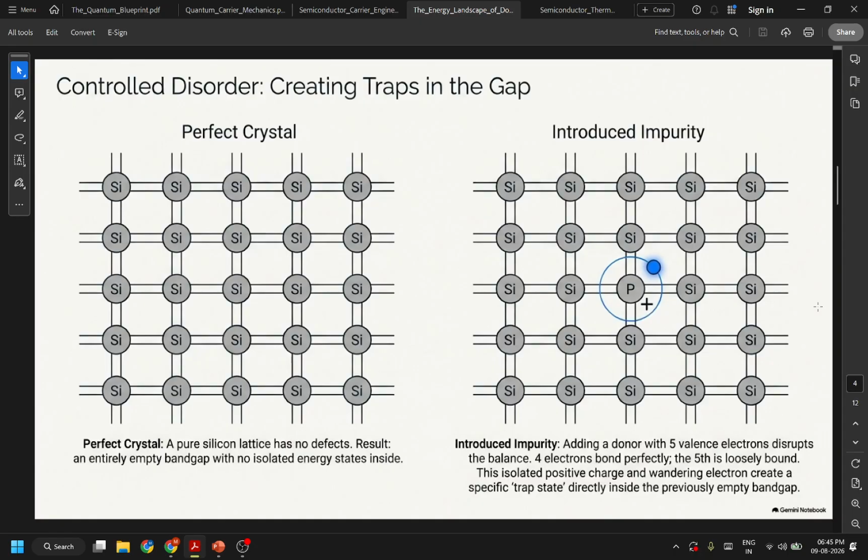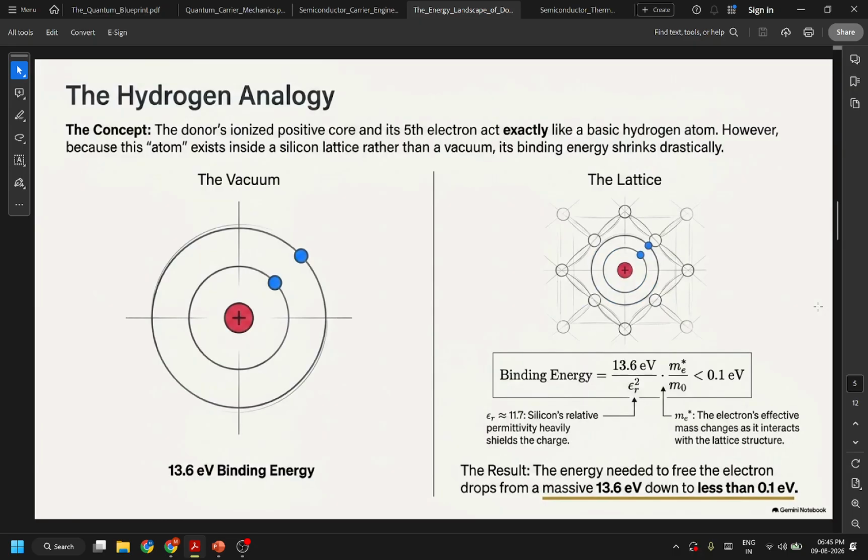In a perfect crystal, a pure silicon lattice has no defects, resulting in an entirely empty band gap with no isolated energy states inside. When we introduce an impurity, adding a donor with 5 valence electrons disrupts the balance. 4 electrons bond perfectly, the fifth is loosely bound. This isolated positive charge and wandering electron create a specific trap state directly inside the previously empty band gap.